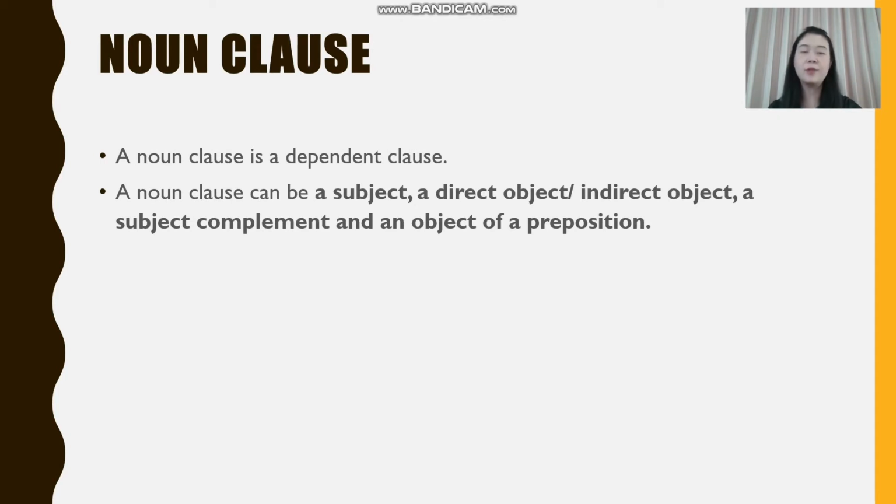Okay, let's start with the first type of clause, the noun clause. A noun clause is one type of dependent clause, and we normally use it as the subject of the sentence, or it can be a direct or even indirect object of the sentence. It can also be a subject complement or even an object of the preposition.